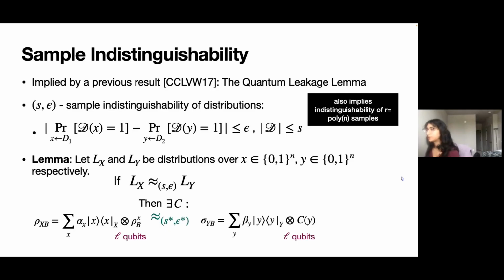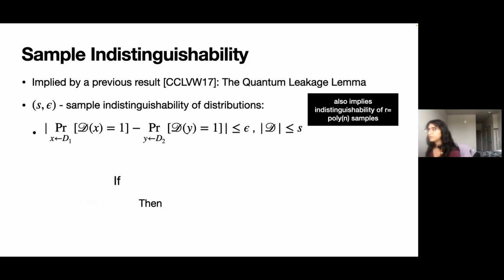Another restriction is that rho b, x and c of y are L qubits, where L is a small amount of quantum information. Here S is polynomial and epsilon star is O of epsilon. So the indistinguishability doesn't change by too much when you allow some small auxiliary quantum information.